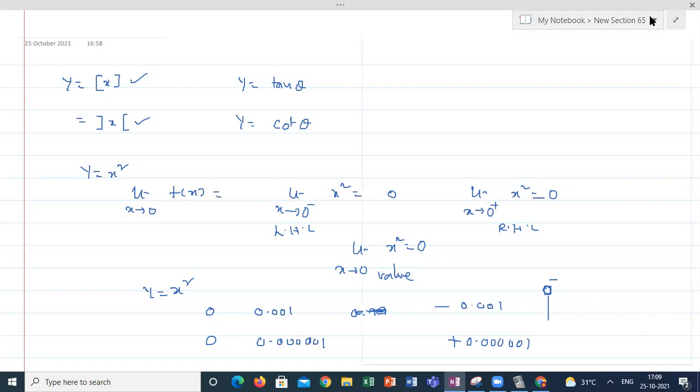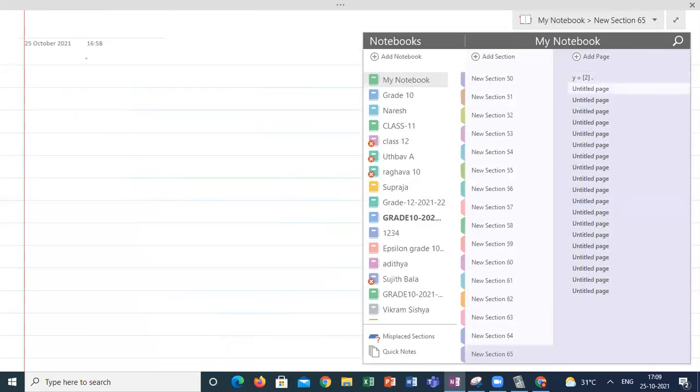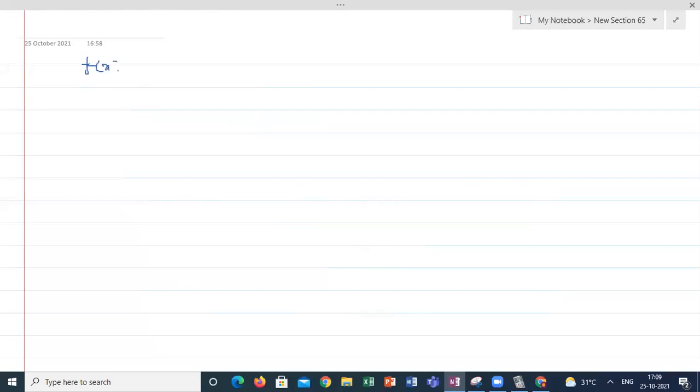But if I'm taking another function where my f of x is a piecewise function, a constant function for x less than or equal to 0 and for x greater than 0.